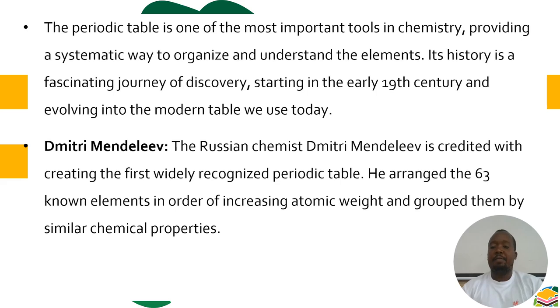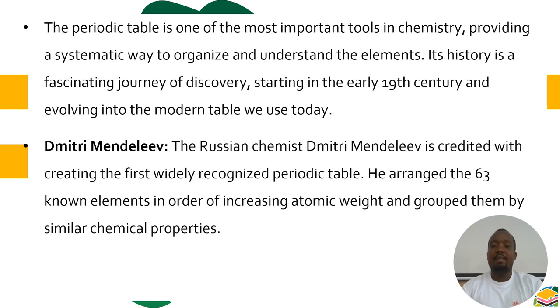And after some time, Dmitri Mendeleev, who was a Russian chemist, and he's very famous as far as chemistry is concerned. He was credited with creating the first widely recognized periodic table.